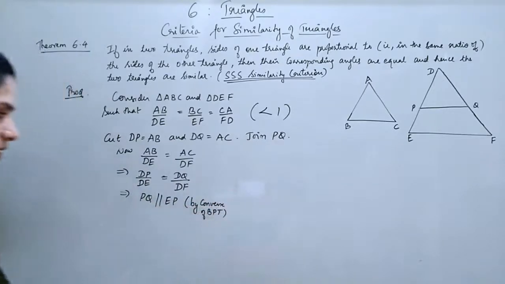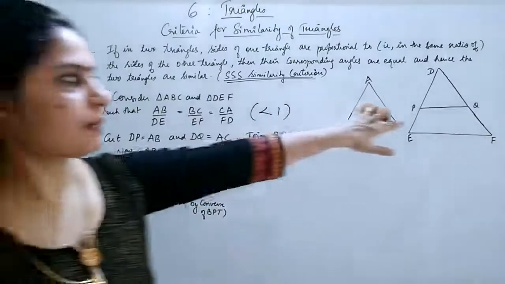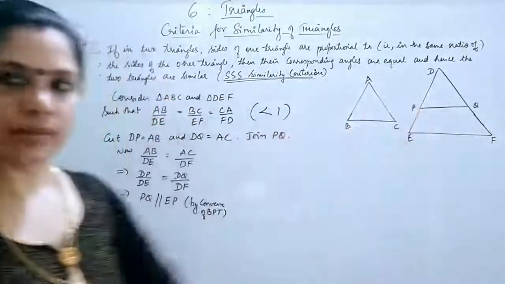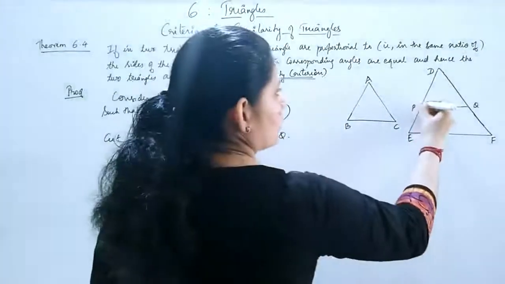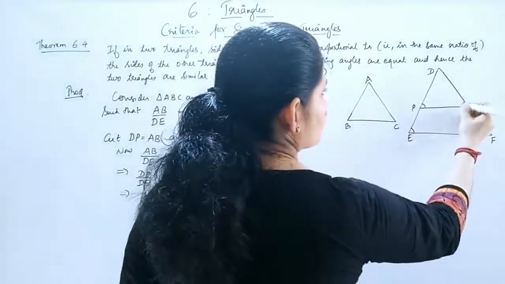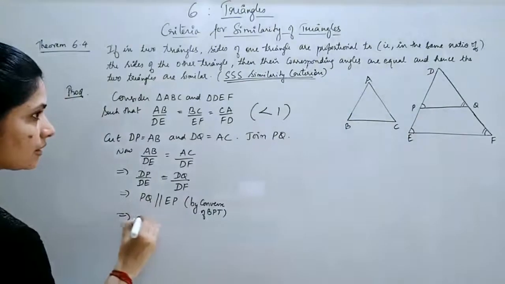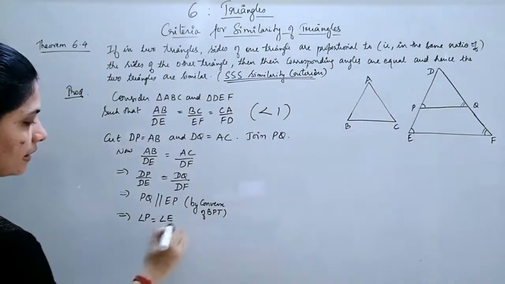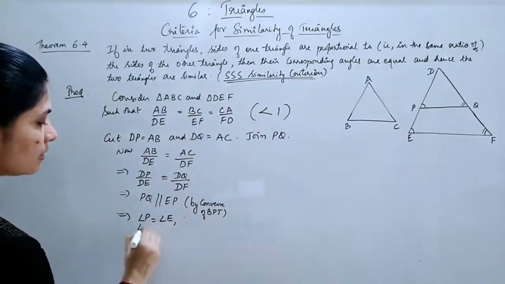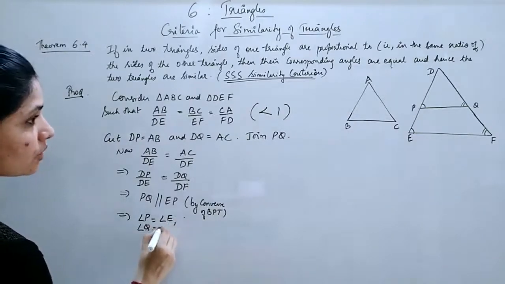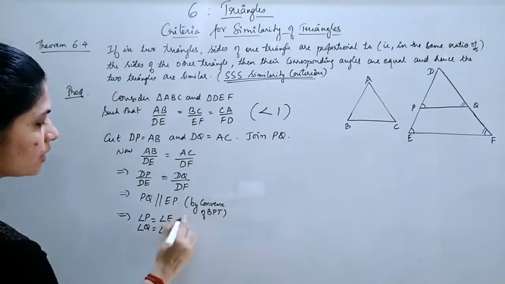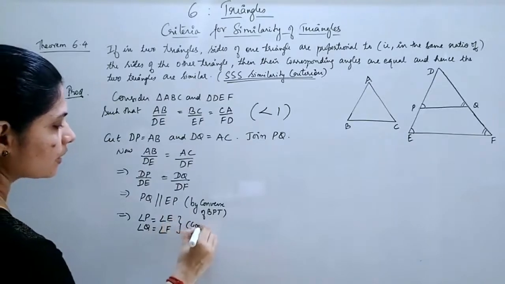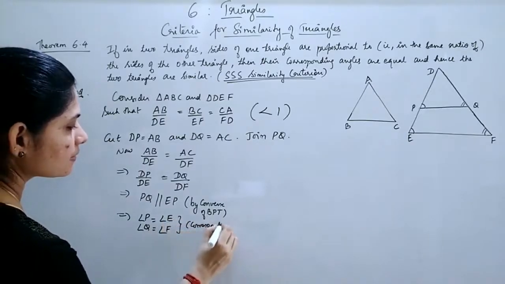Now since these two lines are parallel, their corresponding angles will be equal, right? So this angle will be equal to this, and this one will be equal to this one. That is, angle P is equal to angle E and angle Q is equal to angle F, and for both the reason is corresponding angles.